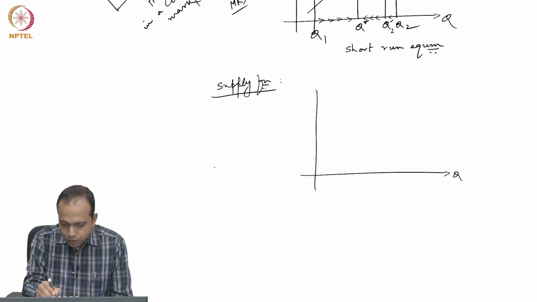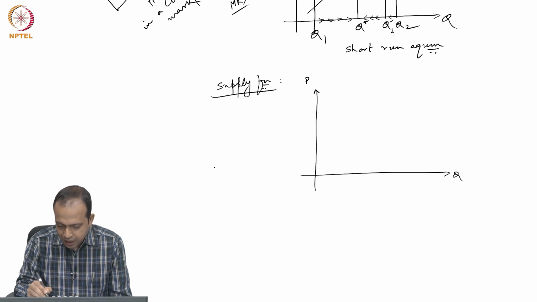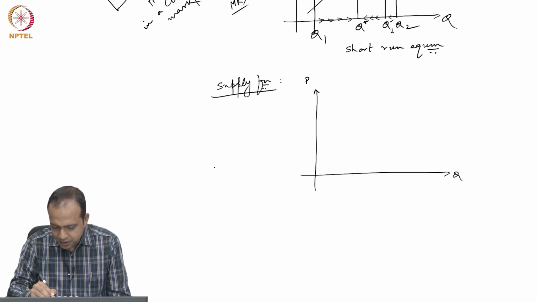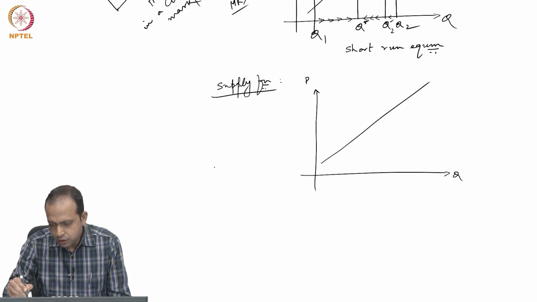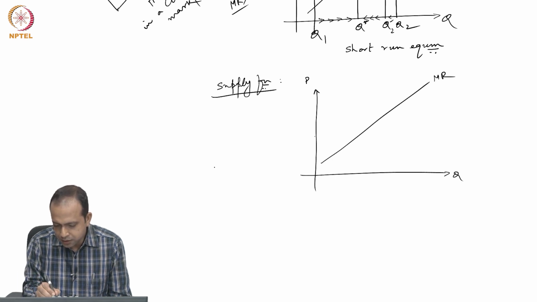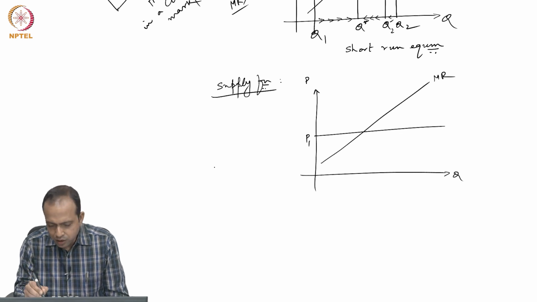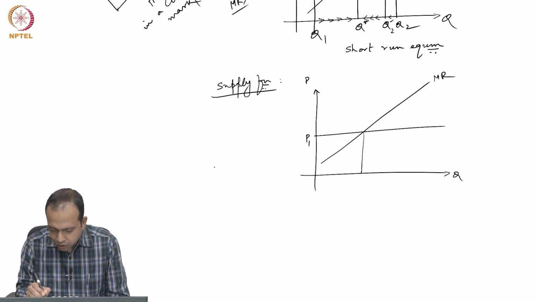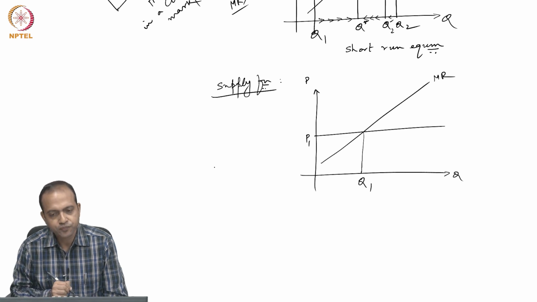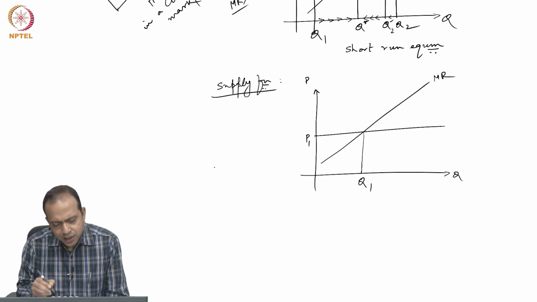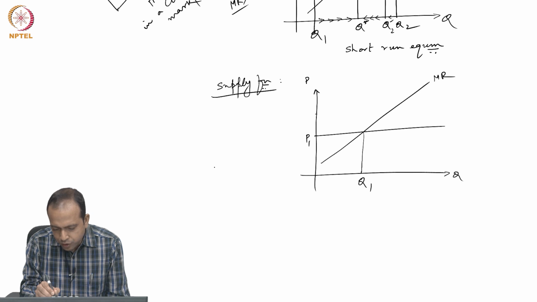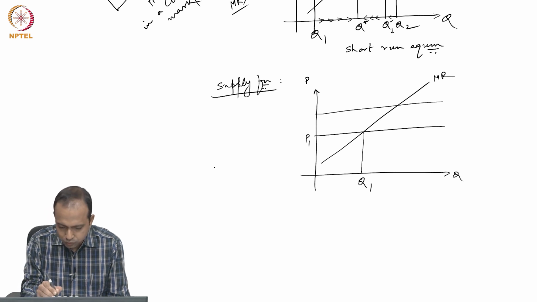This is Q, this is P, and let us say this is the MR curve, and this is P1. So, when it is P1, your quantity is Q1. Now, let us say the price has increased from P1 to P2.